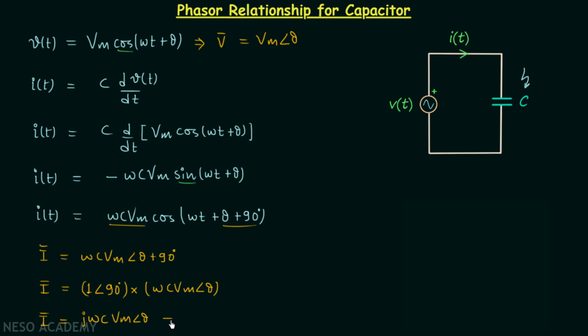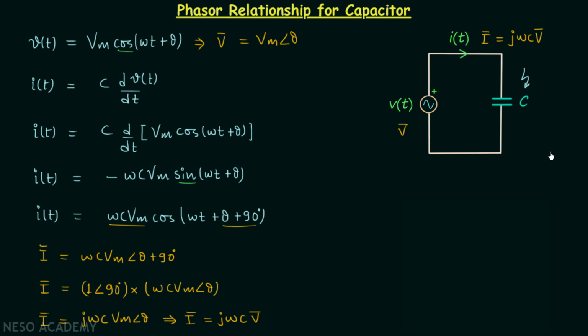So we finally have I phasor equal to j omega C V phasor. So this is the relation between current phasor and voltage phasor. Now if we want to write down the phasor representations in this circuit, then we will have V phasor, I phasor, which is equal to j omega C V phasor.